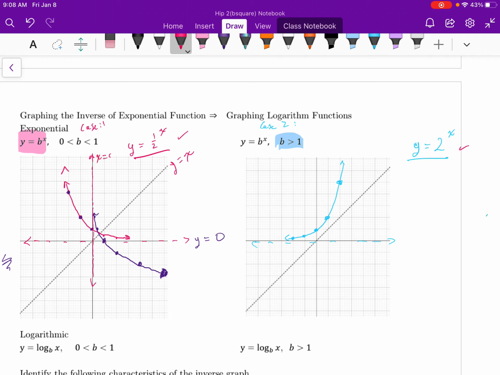Now, my vertical asymptote here will be x is equal to 0. Weird, right? So what is the equation of my inverse function? Well, now y would be equal to log base 1/2 of x.